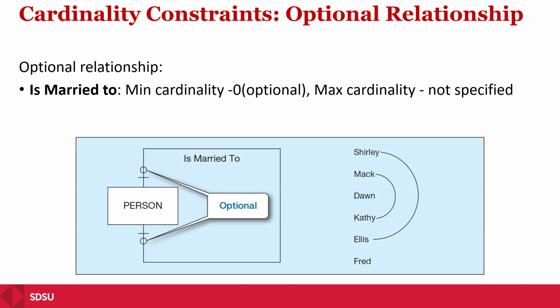So minimum cardinality is 0, the relationship is optional, and max cardinality is 1. It's not specified, but it's 1 here. So the person can be married to one person. This doesn't represent polygamy. If it were polygamy, it could be changed to a crow's foot on both sides. But here we have an example. Shirley is married to Alice, Meg to Kathy, and Dawn is not married, so it represents optional.